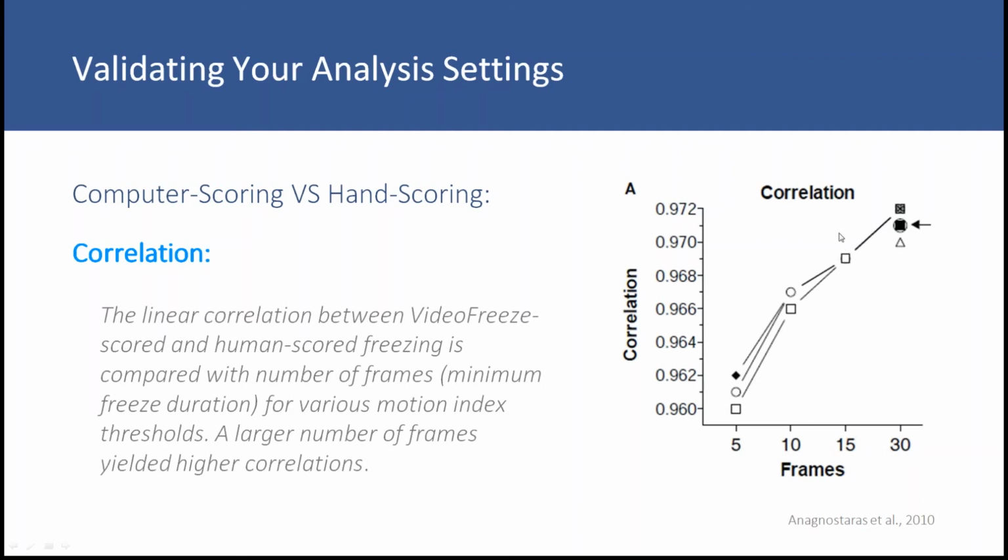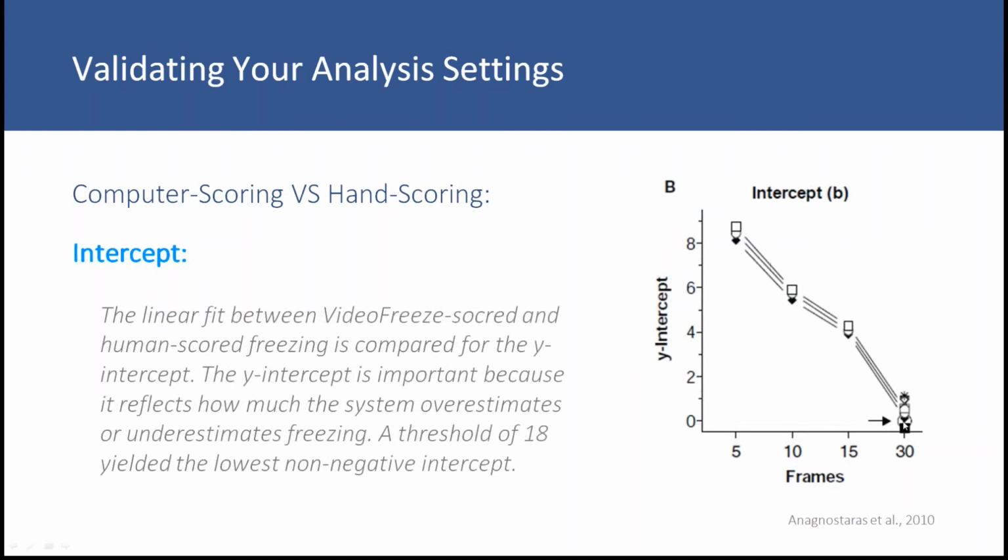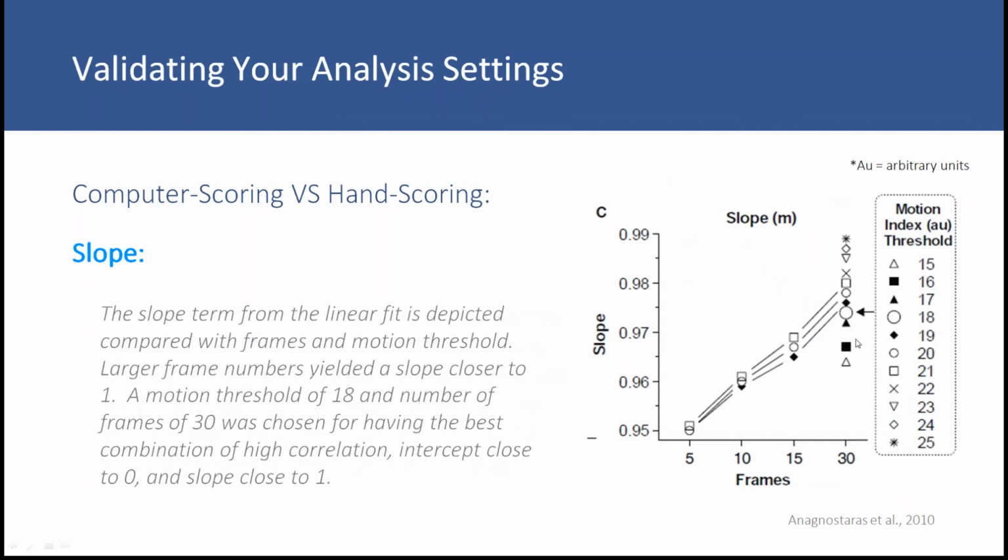So what we were looking for in our initial validation was finding the set of parameters, the set of thresholds and minimum freeze durations, that gave us the highest correlation coefficient, the y-intercept closest to 0, and the slope closest to 1.